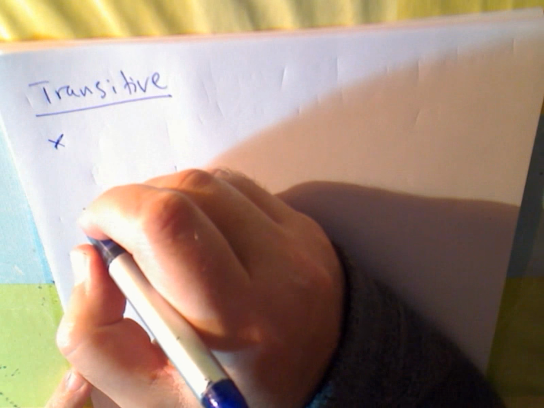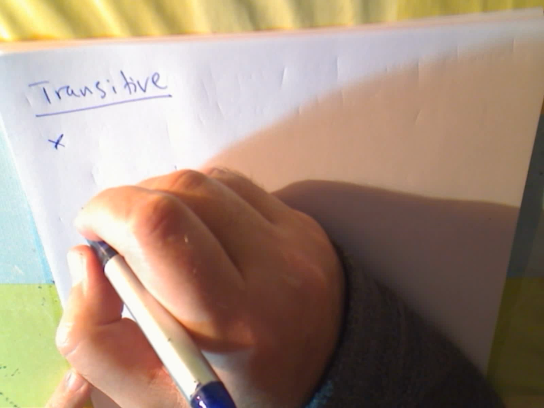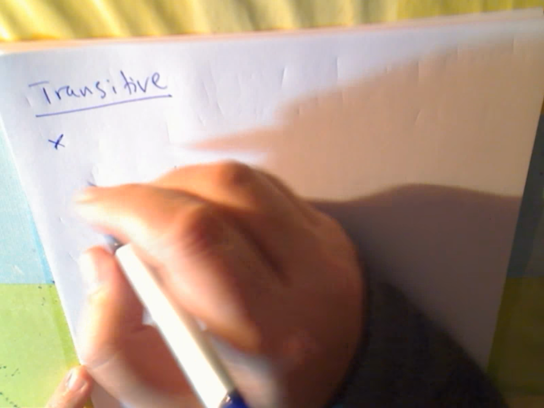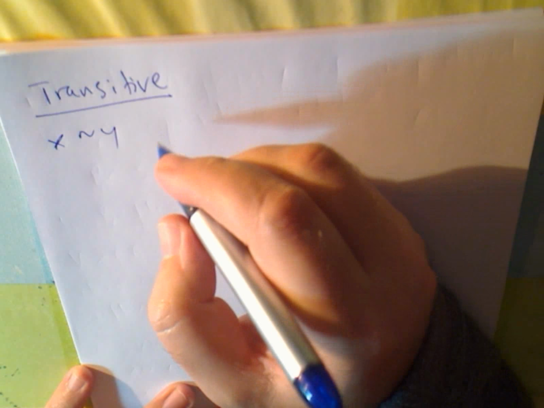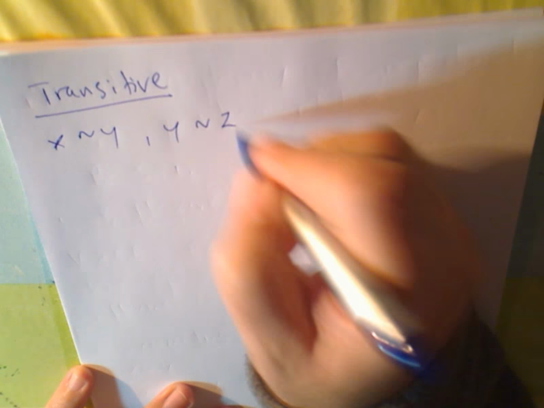We are going to prove it is transitive. So x is conjugate of y, and y is conjugate of z.